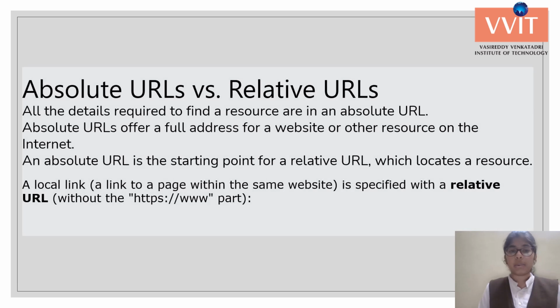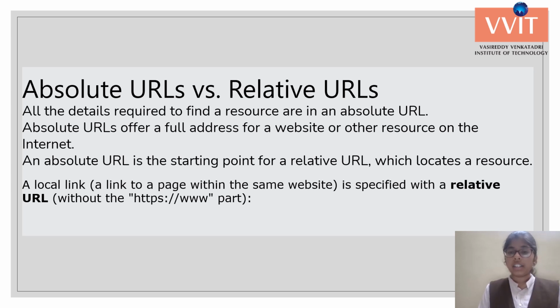Now let us discuss absolute and relative URLs. An absolute URL is the URL in which all the details related to the URL are given. Whereas relative URLs are the URLs which do not contain the https colon slash slash www part.